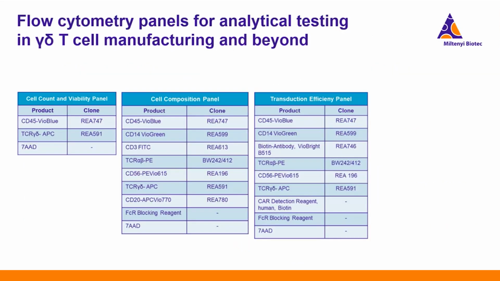So about that, we have developed such panels for the manufacturing of gamma delta T cells. And as you can see here, these panels enable, on one hand, the determination of the cell count and the viability of the cells, but also the analysis of the cell composition at the different stages of the manufacturing process, particularly to determine the depletion efficiency of the alpha beta and B cell depletion step.